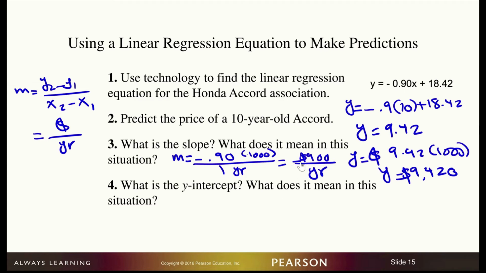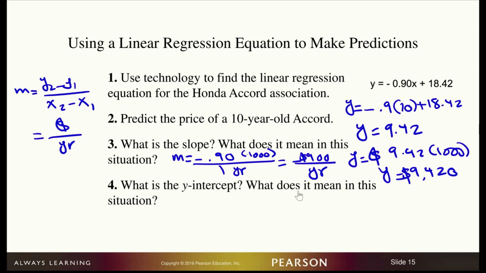That means we expect the price of a Honda Accord to go down about $900 per year, or negative 0.9 thousand. You can put it in thousands as well, but you would then say negative 0.9 thousand dollars per year.